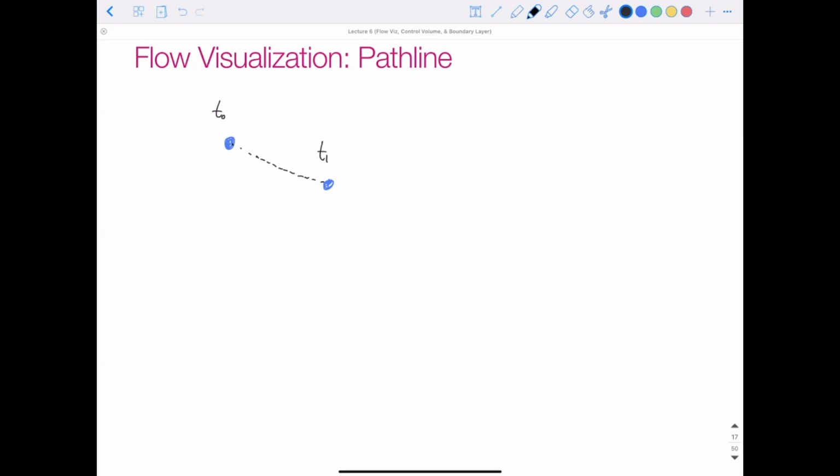And that could be t1, and then maybe sometime later, t2, and so on. So the path line is just the actual path that the particle travels over some period of time.